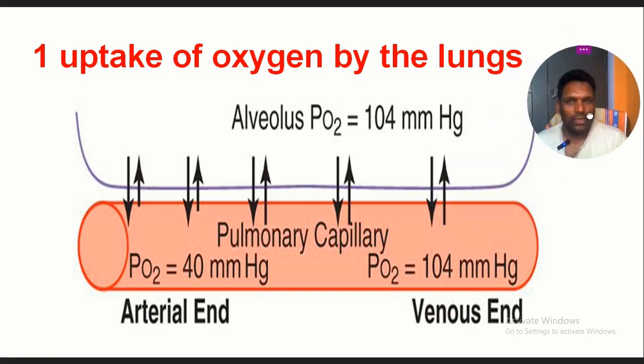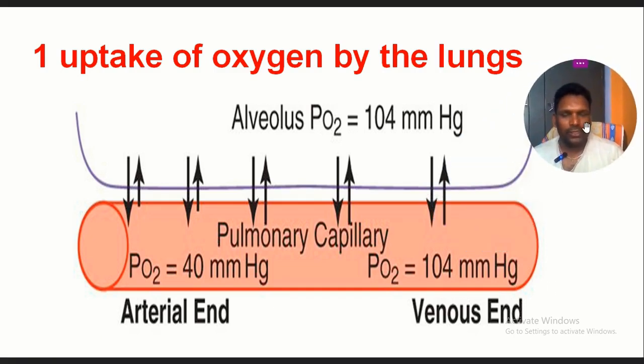Now we'll move on to the next part. The first heading is uptake of oxygen by the lungs. Remember, this is half part of the alveolus, where you can see the partial pressure of oxygen in the alveoli is 104 mm of Hg.